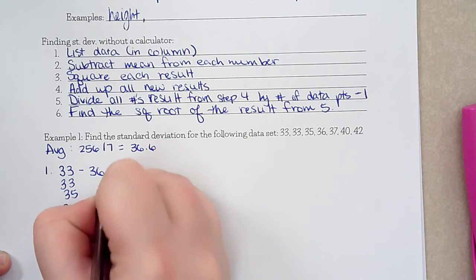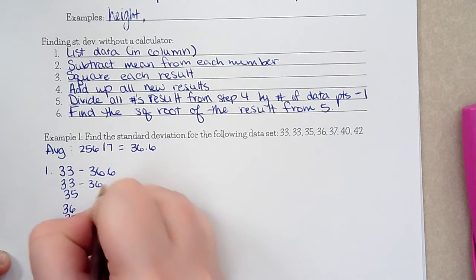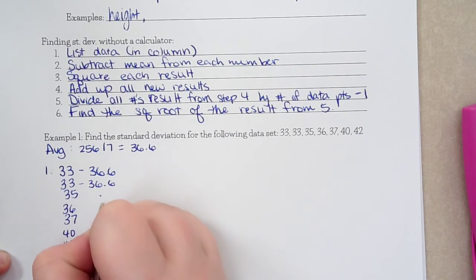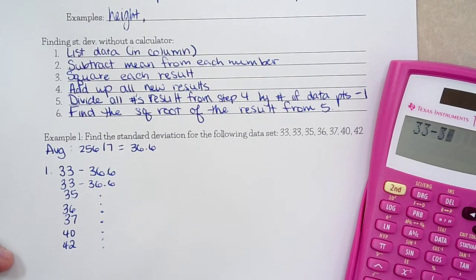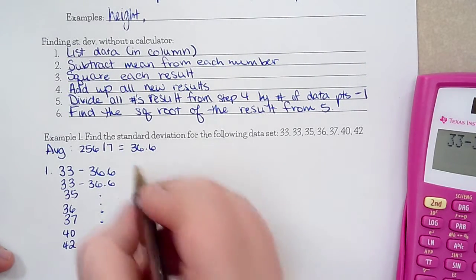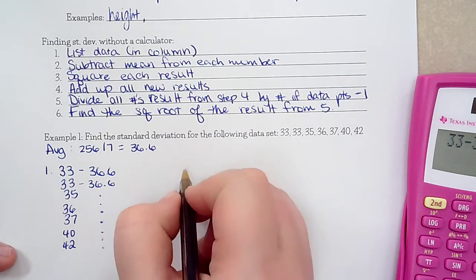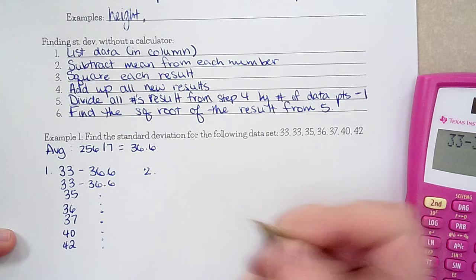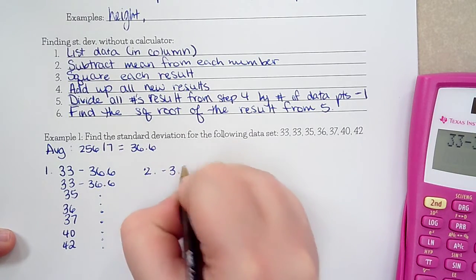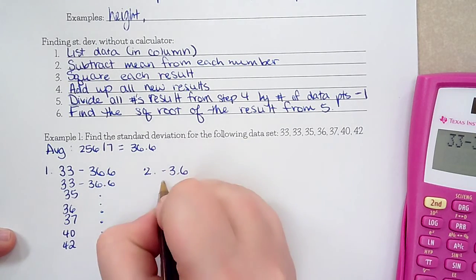So minus 36.6, minus 36.6, and then we're going to do that all the way down. 33 minus 36.6. I'm going to put my information in a second column so that you know where I'm getting this information. Negative 3.6 is my result there.